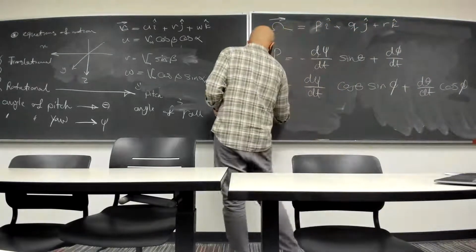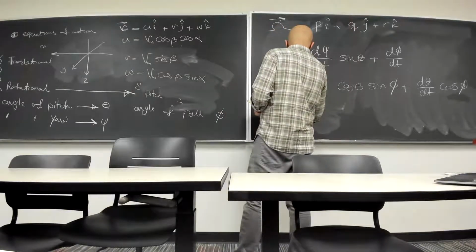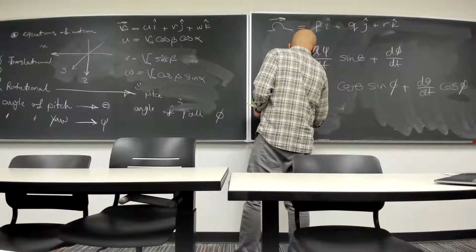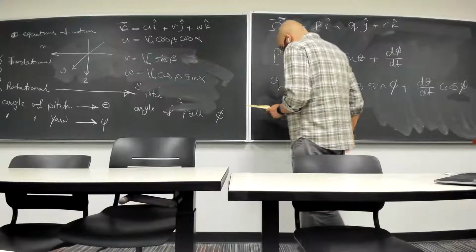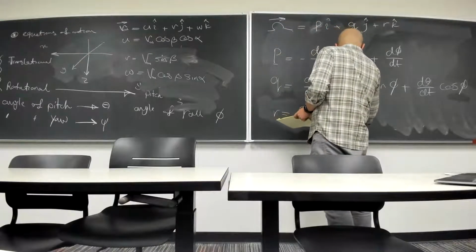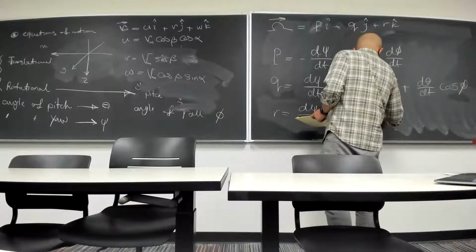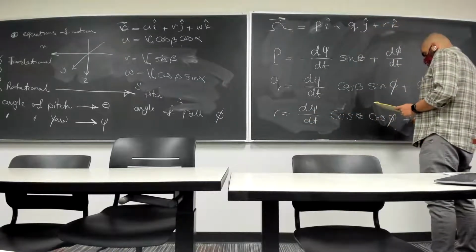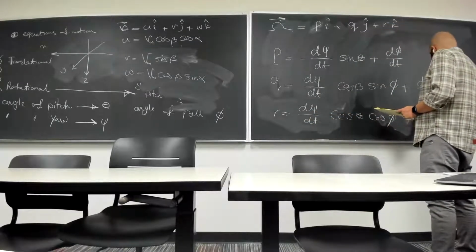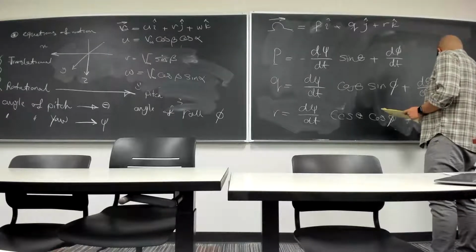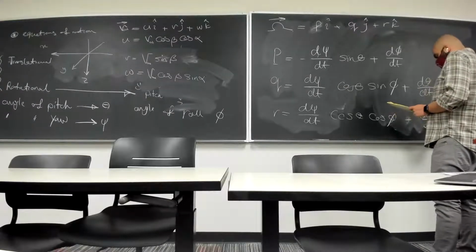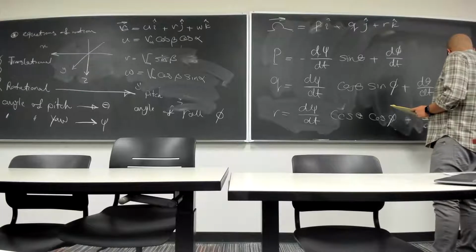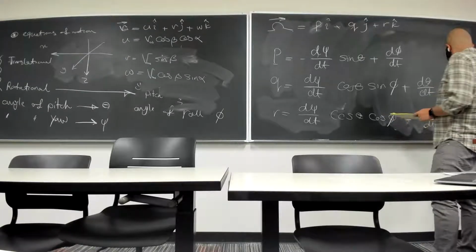And your R is going to be equal to d psi dt cosine of theta cosine of phi, plus minus d theta dt sine of phi.